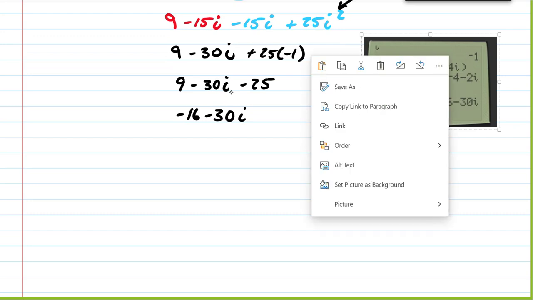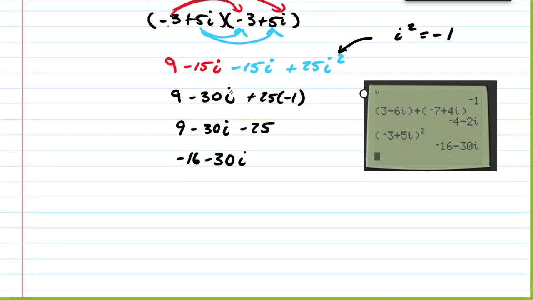Our calculator agrees with our arithmetic. So when I mentioned earlier that i behaves just like a variable with one exception, the one exception we have to remember is anytime we get an i squared, we need to replace it with what it's equal to, which is negative 1.